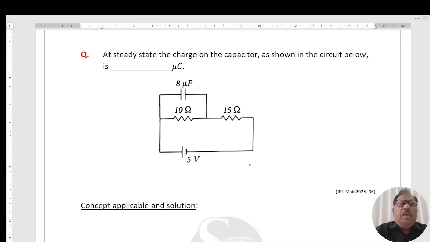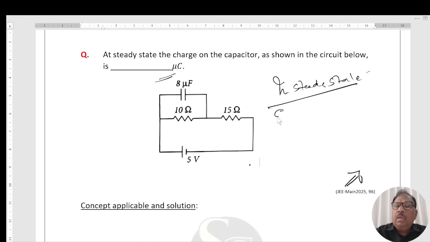Question is, at a steady state, the charge on the capacitor as shown in the circuit below is, answer should be in microcoulomb. Question taken from JEE Main 2025. We know in steady state capacitor behaves as an open circuit.